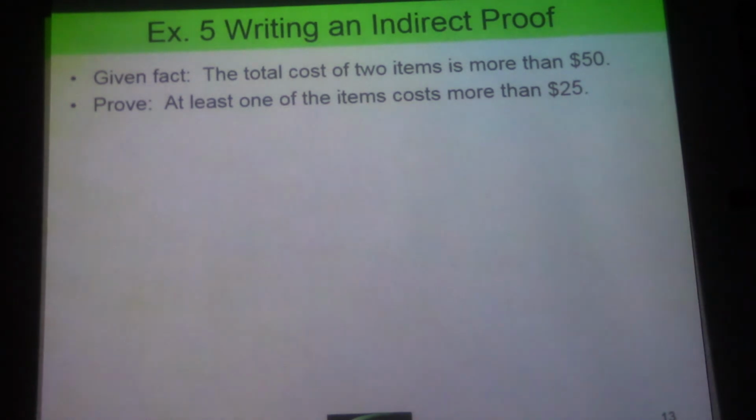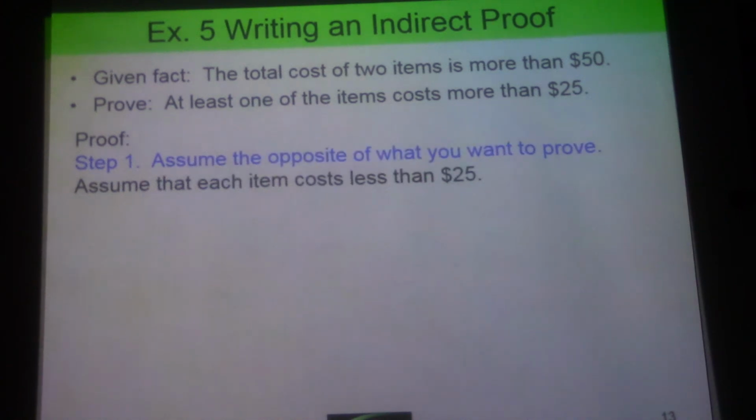So here's our given fact. The total cost of two items is more than $50. We want to prove at least one of the items costs more than $25. Well, we're going to assume the opposite. So we'd say that the items each cost $25 or less.